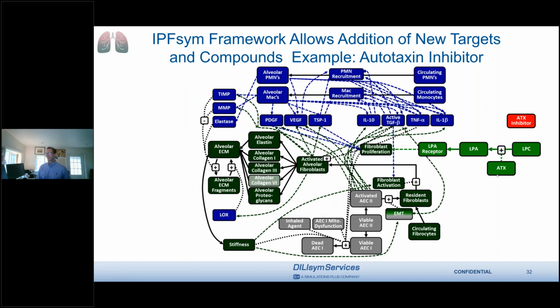Of course, we would then add in autotaxin and its role in converting LPC to LPA, thereby making the substrate available for the receptor, and then represent the competitive inhibition of the autotaxin inhibitor to reduce the flux through autotaxin, reduce the concentration of LPA, reduce the interaction of the receptor and the intracellular signaling, ultimately reducing fibroblast proliferation and that influence that potentially contributes to the fibrosis.